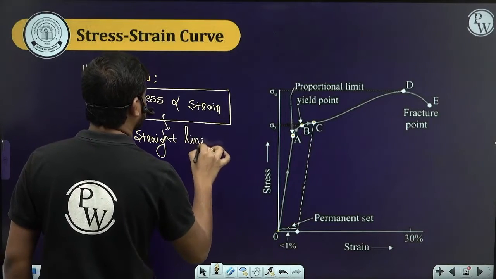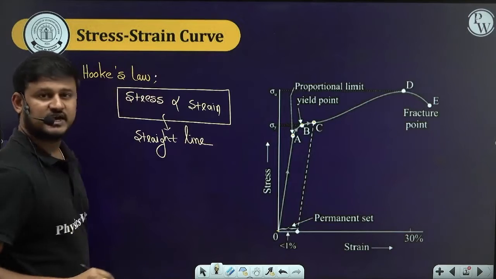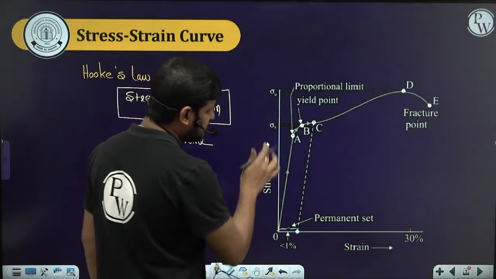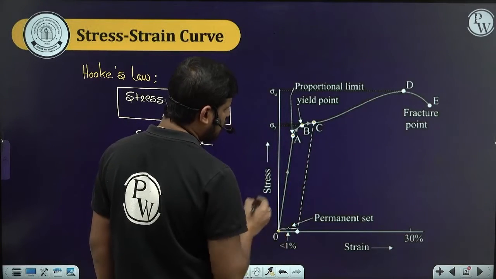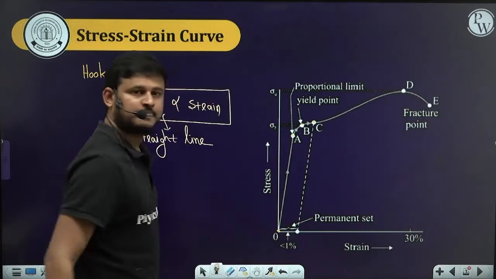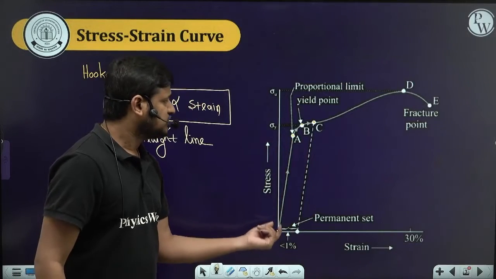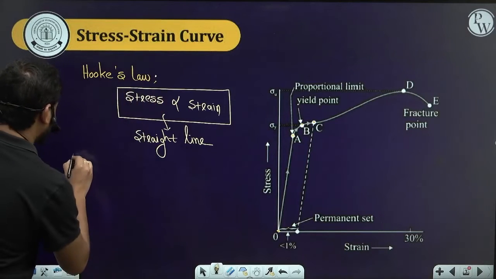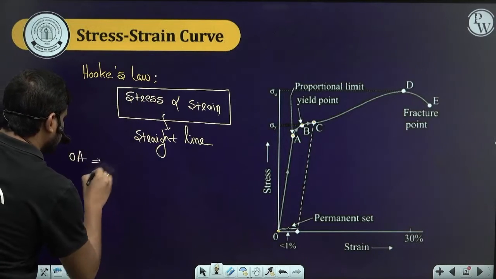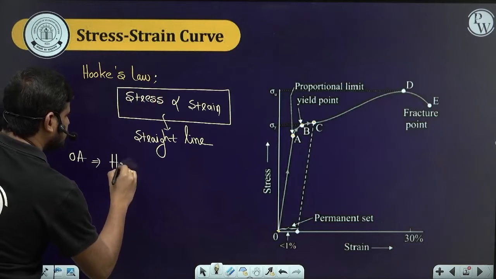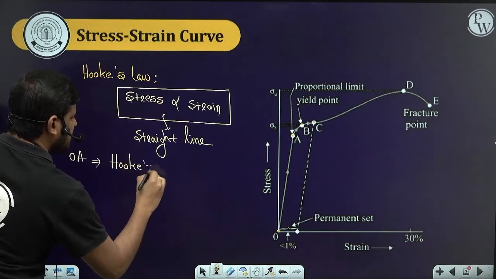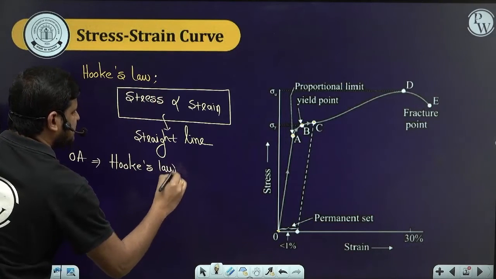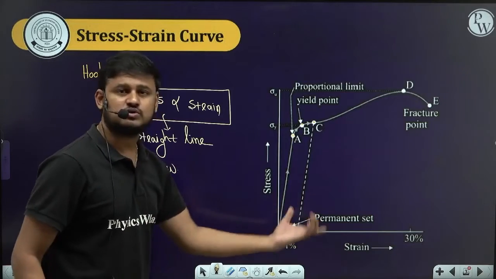Here in this graph, in the O to A region, the stress is directly proportional to strain. So the OA region follows Hooke's law, where the stress is directly proportional to strain.